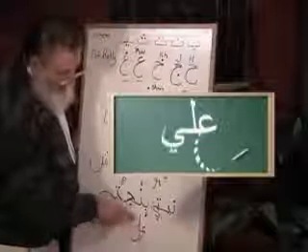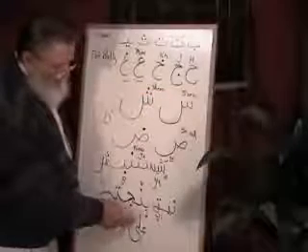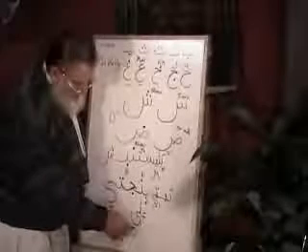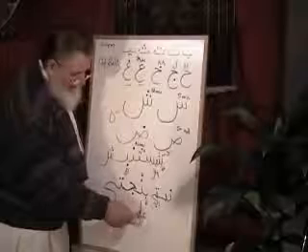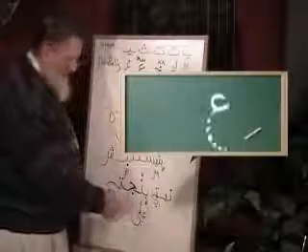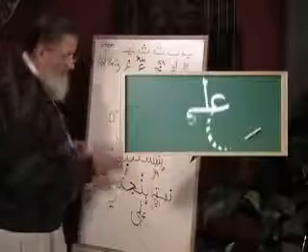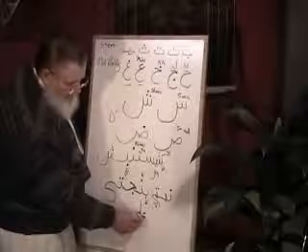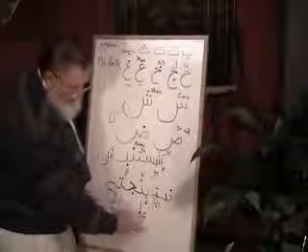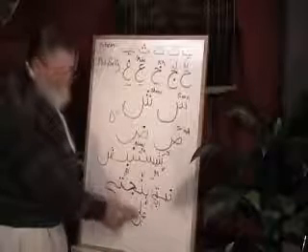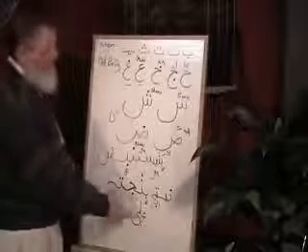So you say a, and this is another letter which we didn't show you yet, but I'll be telling you about it. It's not the Aleph. It's an L, La, and this is Ya. So that's Ali, or it could be Allah. And we'll talk more about that later. But this shows you how the letters lose their tail whenever they're connected to other letters. But at the end of the word, you will see their tail sticking out.